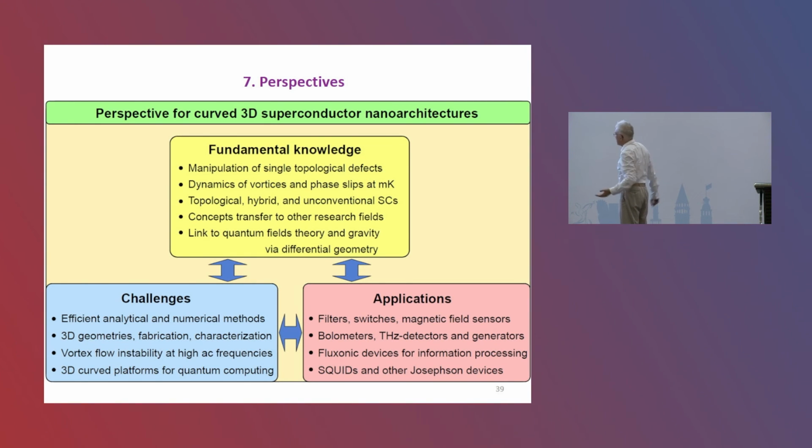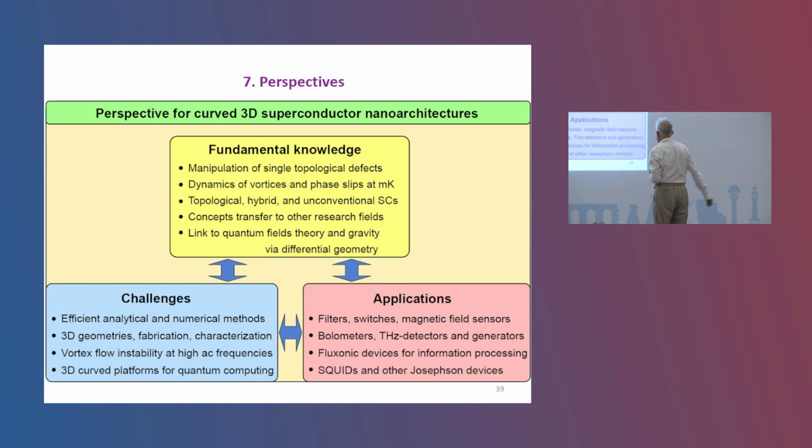This opens perspectives both for fundamental knowledge and for applications, like filters, switches, sensors, bolometers, detectors of terahertz radiation, fluxonic devices for information processing, and squids and other Josephson devices in nanoscale and curved.